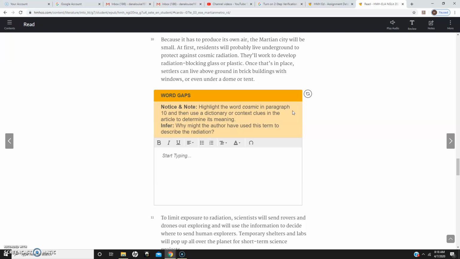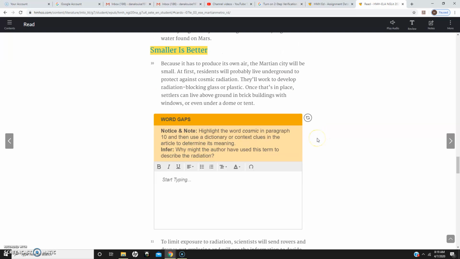Highlight the word cosmic in paragraph 10 and then use a dictionary or context clues in the article to determine the meaning. Why might the author have used this term to describe the radiation? So at this point, I want to say that I can turn it back to you. So this is something you can do.